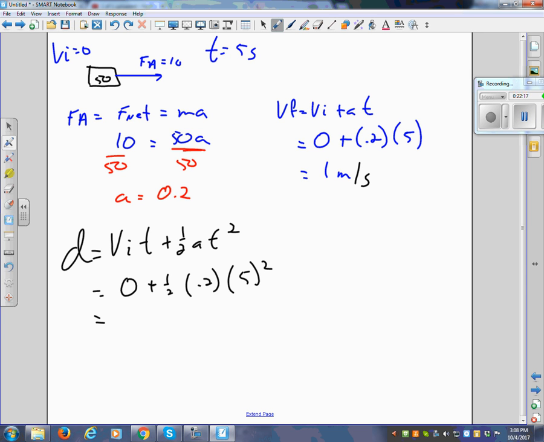So you've got to do the 5 squared first. So that's 25 times 0.2 times a half, right? So 2.5. 2.5 meters is how far it's gone.